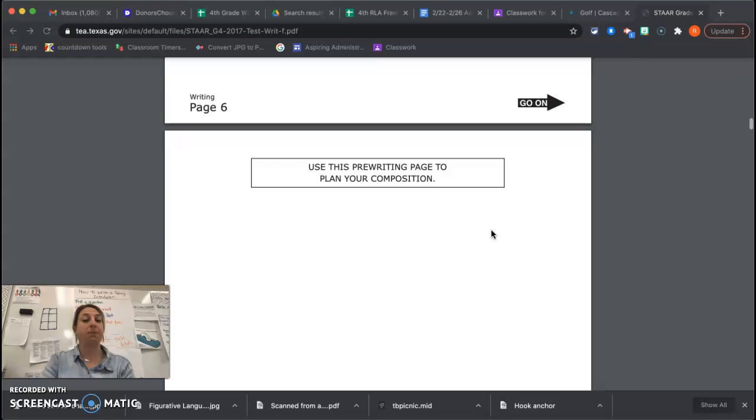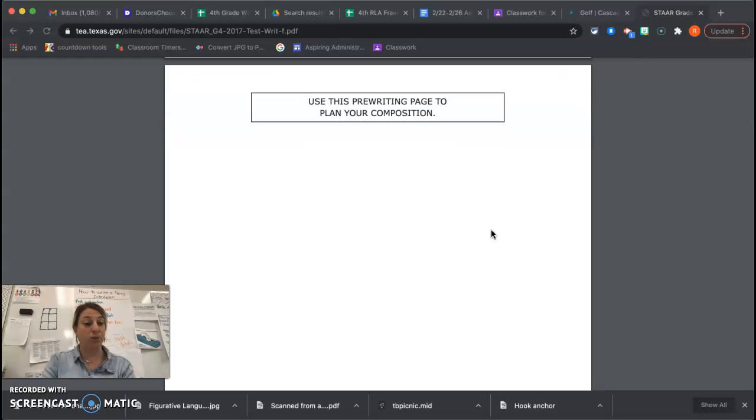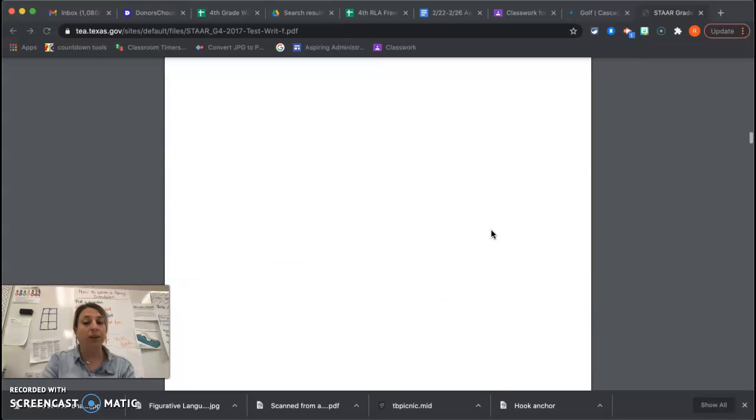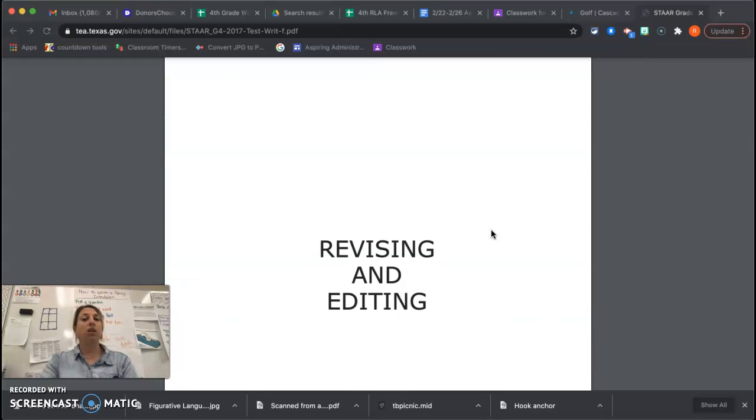Then you're going to have some planning pages. This is where you can draft. You can do your boxes and bullets so that you can plan what you're going to write about. And then you will have the lined paper that you will write your final copy on. Okay, so you'll have an essay where you're going to tell us what you feel about something. You're going to give 3 reasons with examples, just like we've been practicing in class.